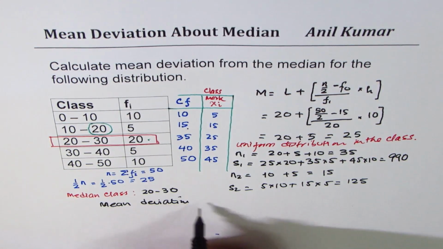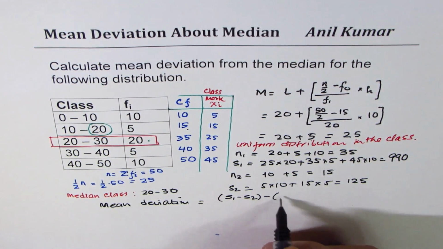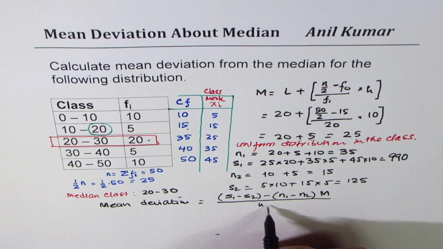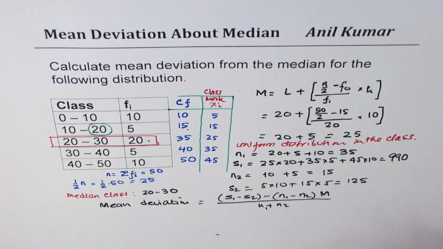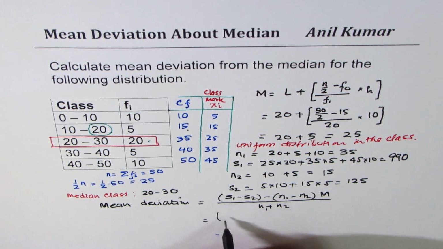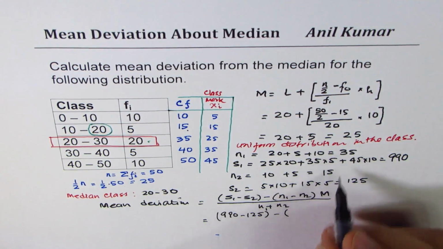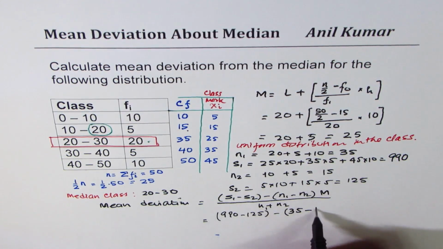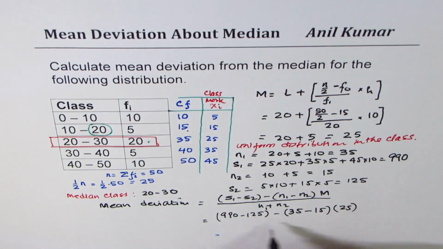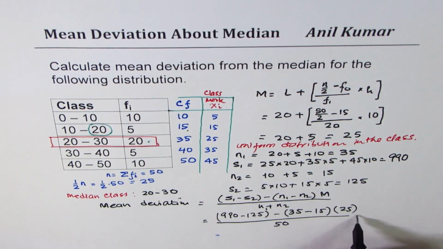Mean deviation is equal to S1 minus S2 minus N1 minus N2 times the median, divided by N1 plus N2 or N, right? So the values are S1 is 990 minus 125 minus N1 was 35, N2 is 15 times the median, which is 25, divided by N1 plus N2 is also N, which is 50, correct?